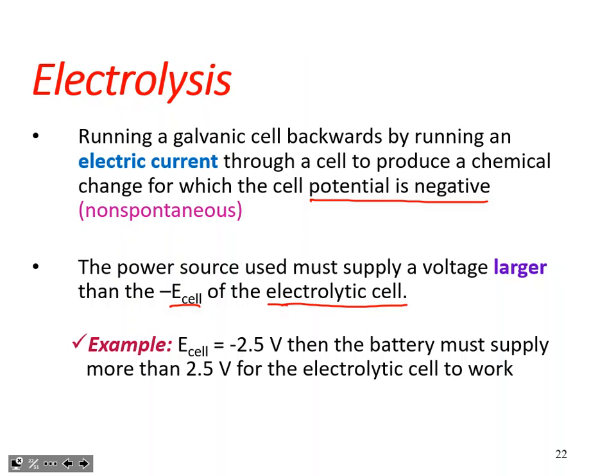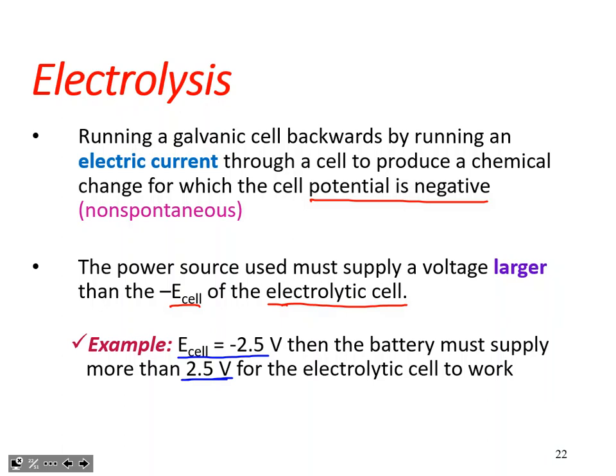Example, if you have the electrolytic cell that has a cell potential of negative 2.5 volts, then the battery that you attach to supply to get it going has to be more than 2.5 volts. It has to be able to overcome the negative potential to make the electrolytic cell work.